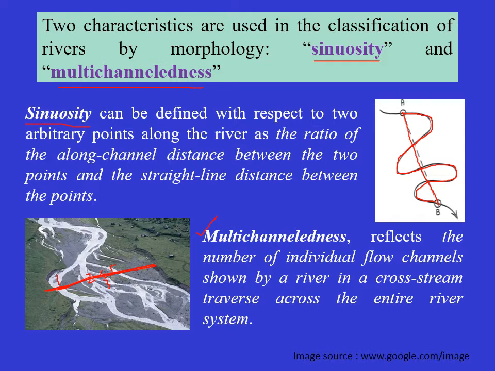Okay. The higher the number of these smaller channels found in the cross section of the river, that river will be a braided river, that means a river which is multi-channeled, and those channels are separated by bars. And where the channel number is less or becomes one, that means that is a single channel river.